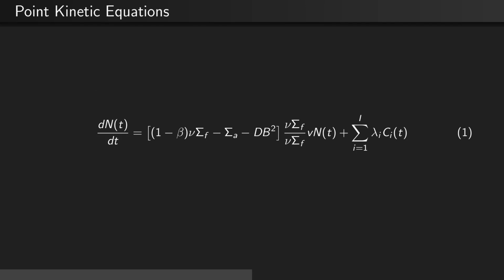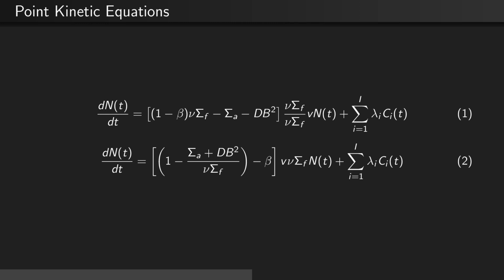Doing so makes it so that the time derivative of the neutron number density is equal to 1 minus the delayed neutron fraction times nu sigma f minus sigma a minus our leakage terms, multiplied by the speed of the neutrons times the neutron number density, multiplied by the ratio 1, which is here represented by nu sigma f divided by nu sigma f, plus the source of delayed neutrons, lambda i C i of t.